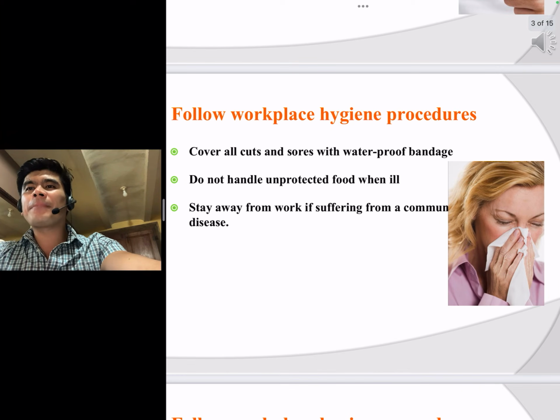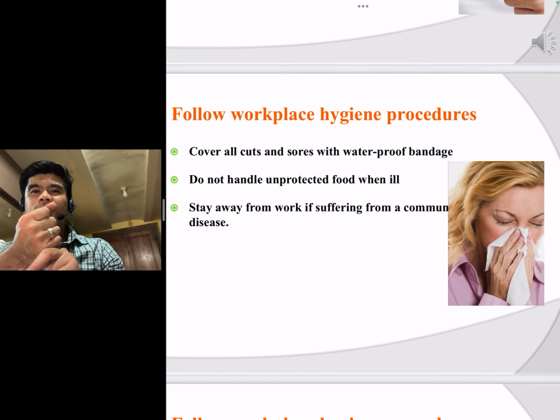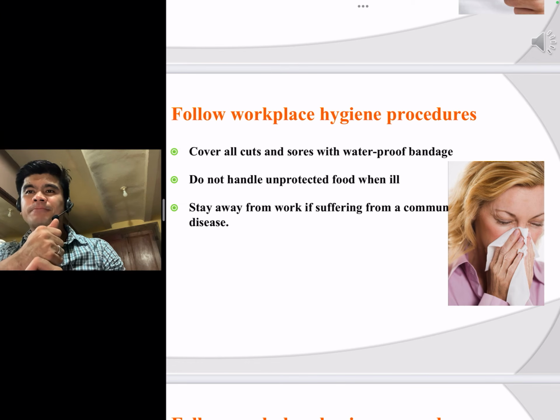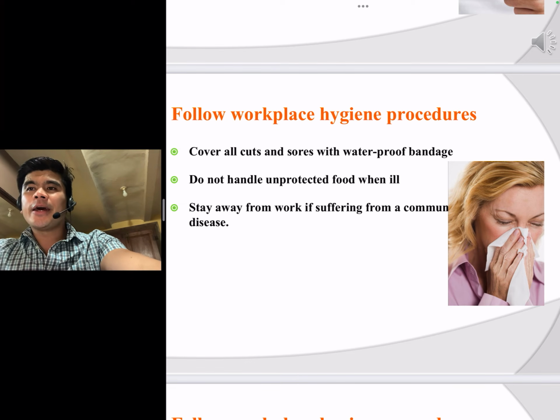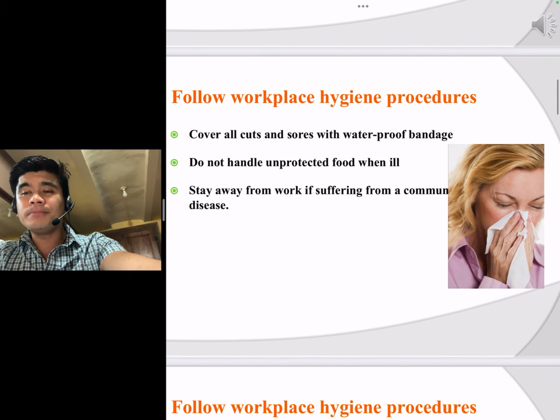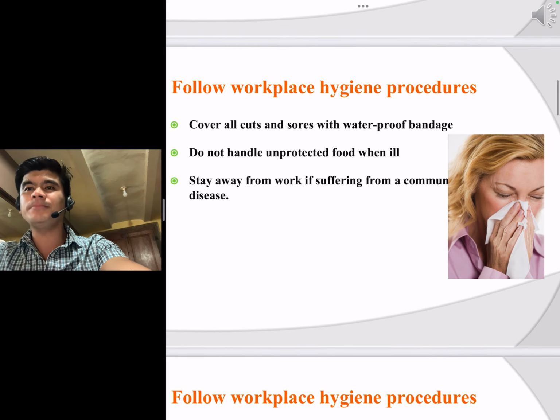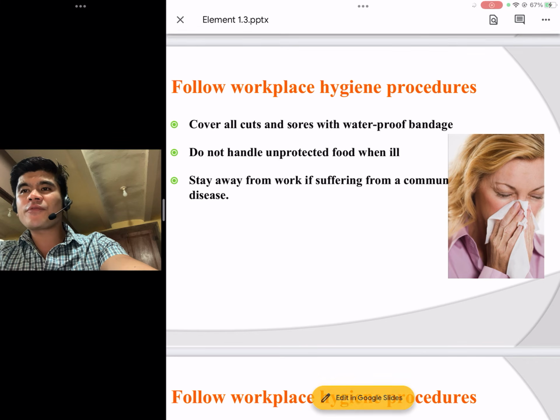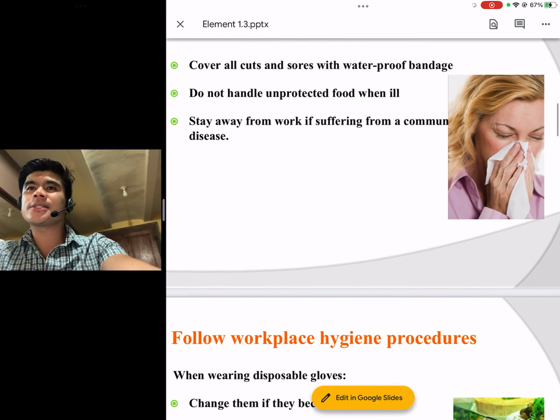Follow workplace hygiene procedures. Cover all cuts whenever you're being cut by the knives. Cover it. And then do not handle unprotected food when ill. We all know whenever you're sick, you're not supposed to go to work. Stay away from work if suffering from common disease.